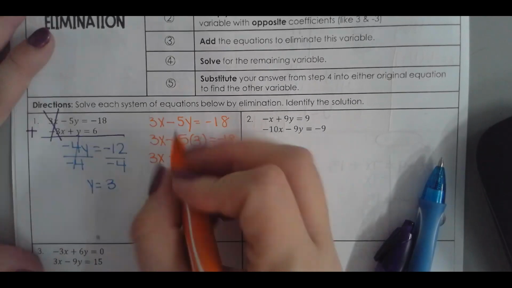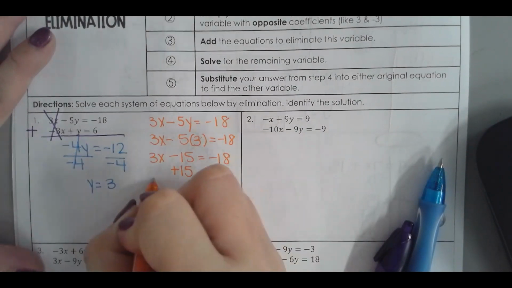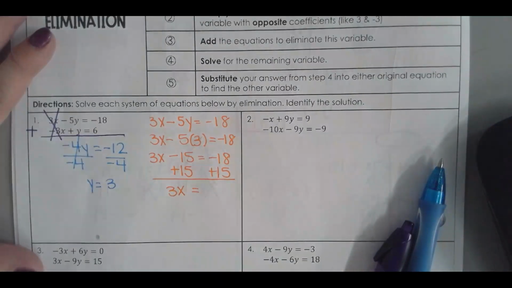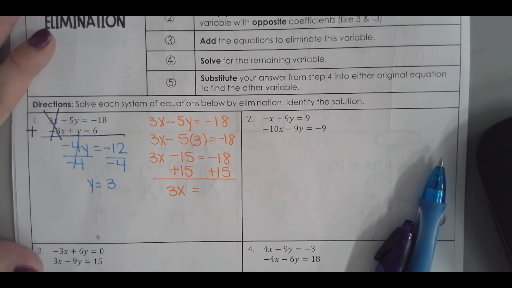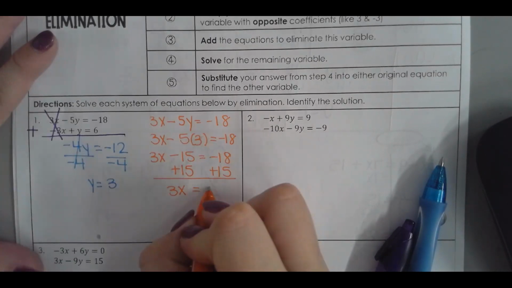And then I will add 15 to both sides. What is negative 18 plus 15? Negative 3.